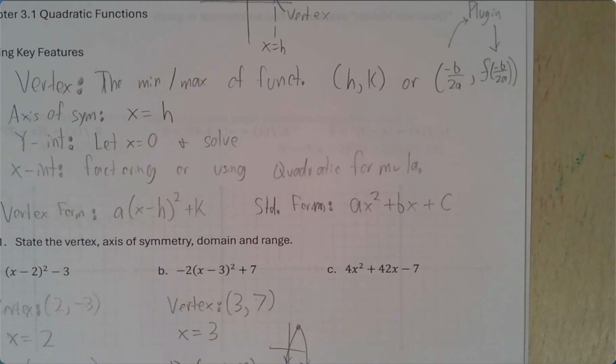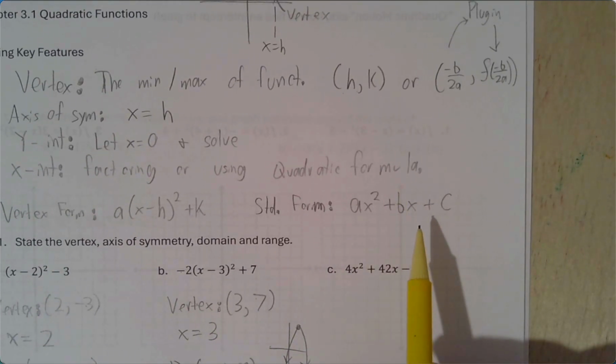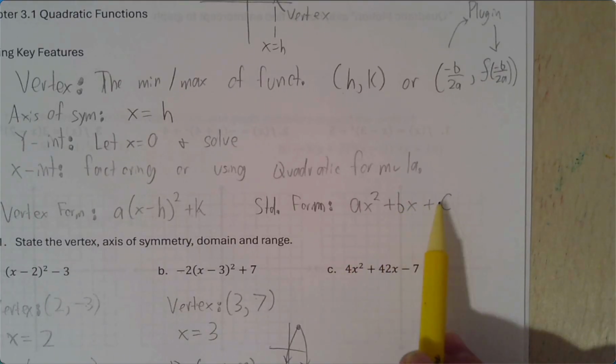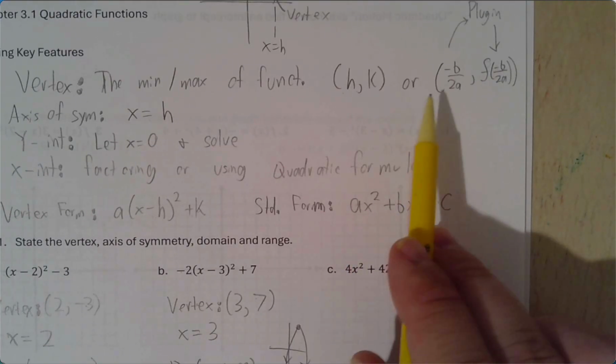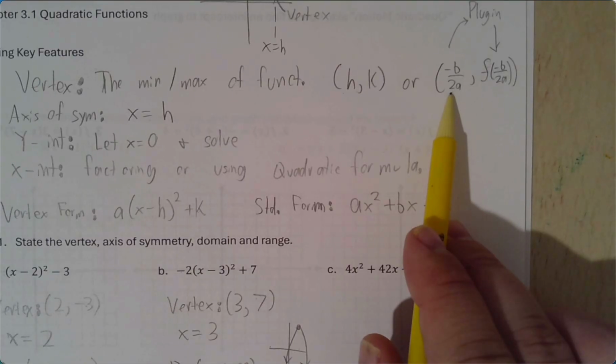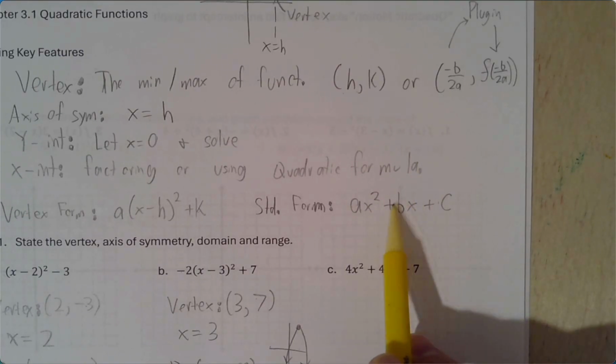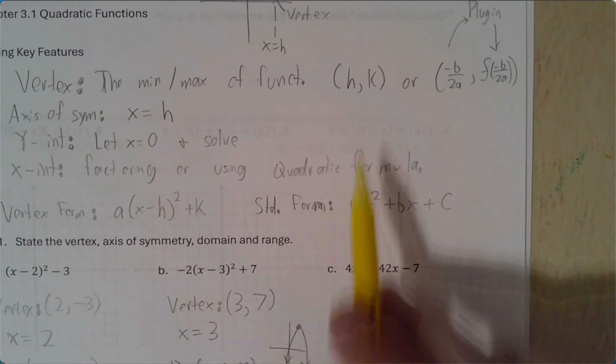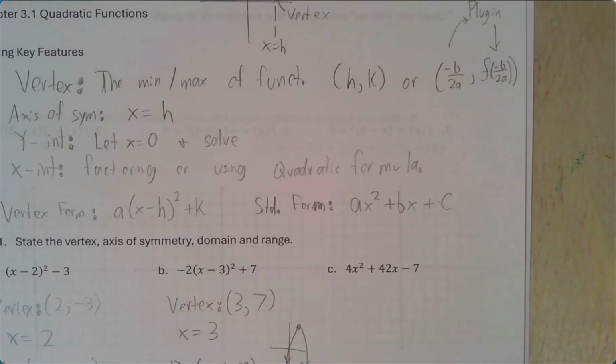So, when you have a standard form, what you do is you take a look at those numbers, the one in front of the x squared, the one in front of the x and the c. To find the vertex, the x coordinate of your vertex will end up being -b divided by 2a. Whatever that ends up being, plug it in and solve, and you just found the y value of the vertex.